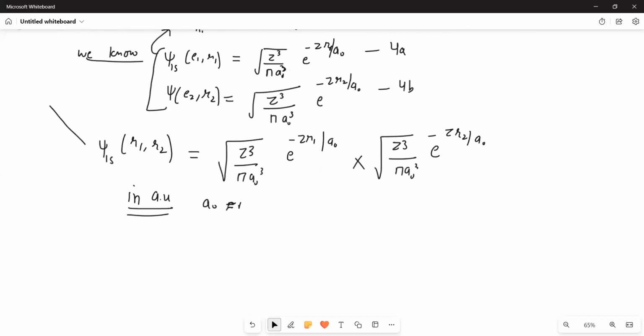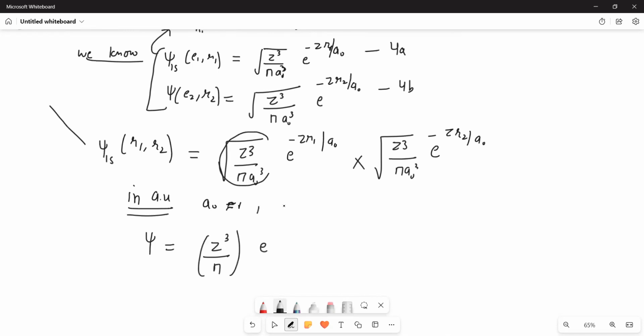The final form of the wave function will be, since we have this term twice, the under root will be removed, so it will be written as z cube over pi; a naught cube is gone because we have put the value 1. Then e raised to power, and we also put z equal to 2, which is the atomic number of helium. So a naught is 1 here, and here also a naught is 1. Then we will write minus 2, since z equals 2, times r1 plus r2. This is the wave function for the helium atom.